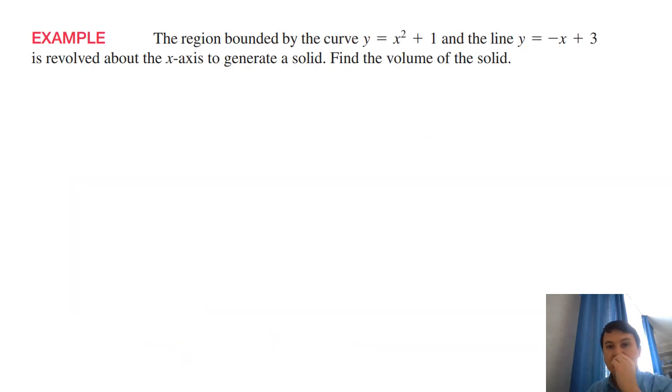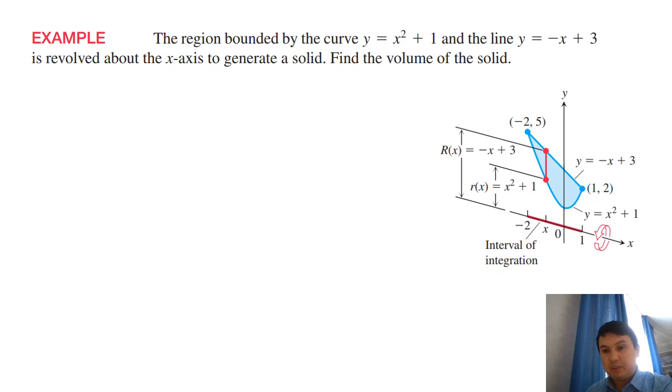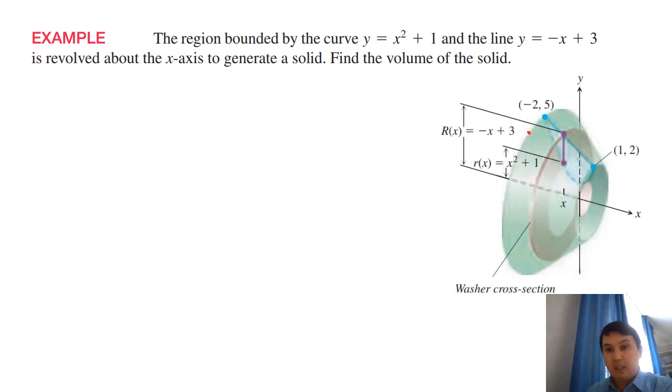Let's do an example. All right. We have two curves, x squared plus 1, a parabola, and minus x plus 3, a line. There is a region that's enclosed, bounded by these. We also need to find where they intersect. But anyway, then we go ahead and revolve it along the x-axis. So that's the solid you get. Again, as you can see, there is a hole inside. We'd like to find the volume of the solid.